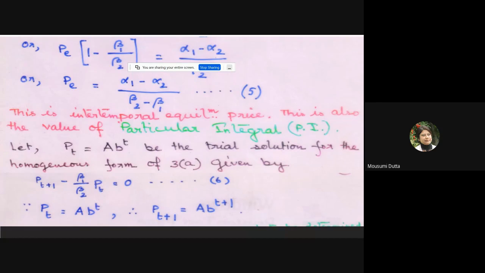Let Pt is equal to AB to the power t be the trial solution for the homogeneous form of 3A, given by Pt plus 1 minus beta 1 by beta 2 Pt is equal to 0.